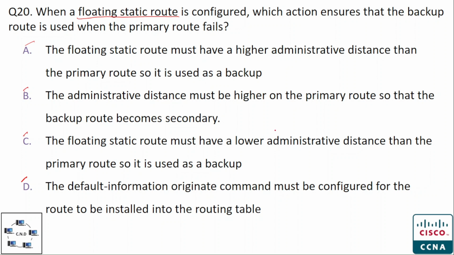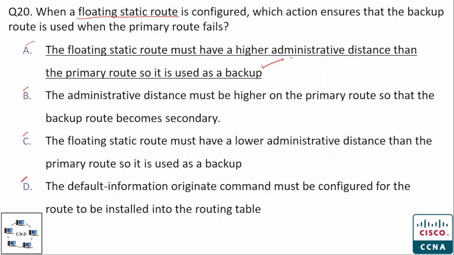And option D, the default information originate command must be configured for the route to be installed into the routing table. And the correct option is option A, the floating static route must have a higher administrative distance than the primary route, so it is used as a backup. So it means that the primary route will have a lower administrative distance than the secondary floating static route.